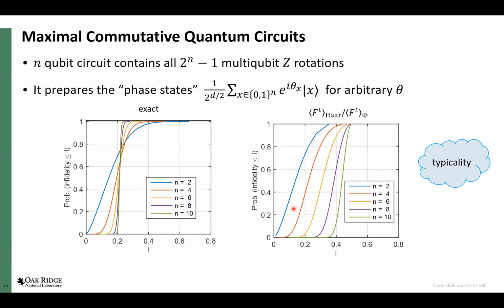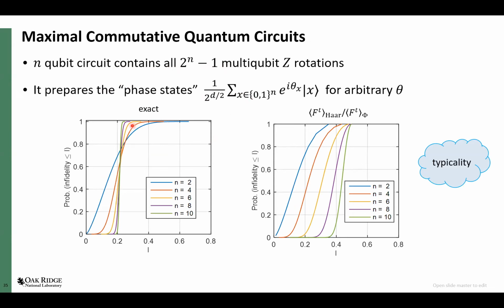It turns out the easiest case to analyze is the case where you have all 2^n minus 1 possible gates in there. So every possible subset of your n qubits other than the empty subset. And we can actually work out what the expressiveness is for these maximal commutative circuits.